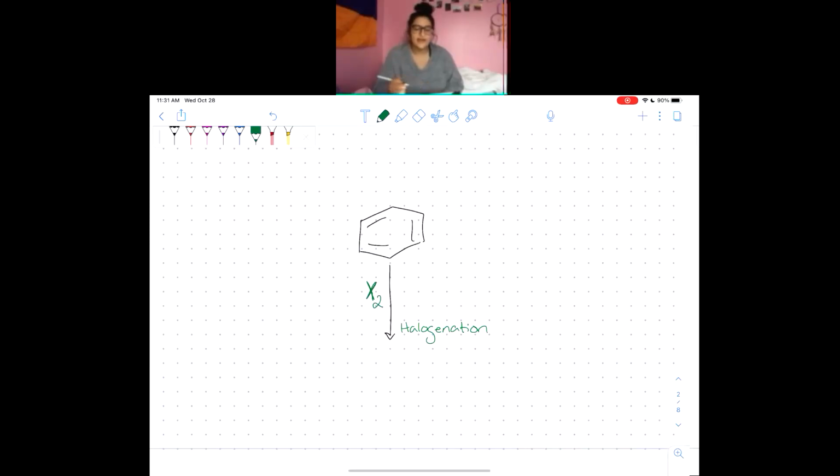So we're going to have X2, and X just means any halogen. And the acid catalyst will be FeX3. Most of the time it's going to be FeBr3, but theoretically we could substitute that for any halogen. And as we saw before, our final product is just our benzene ring with the halogen attached.